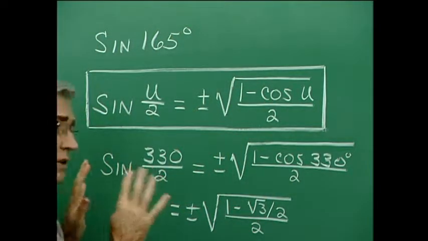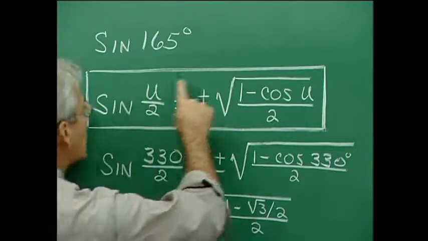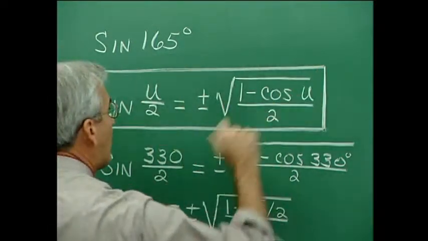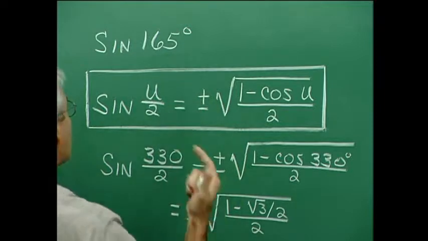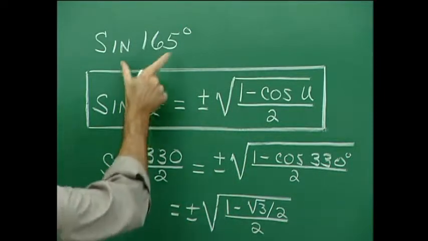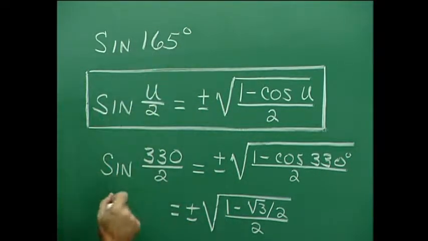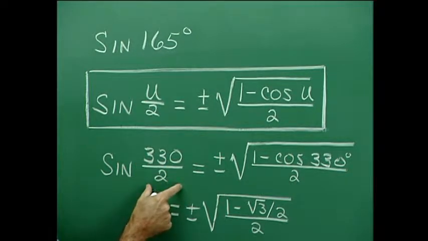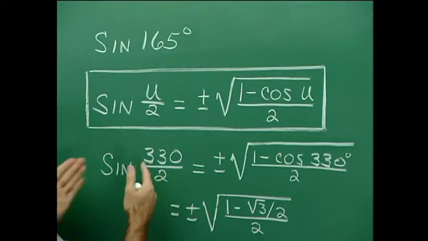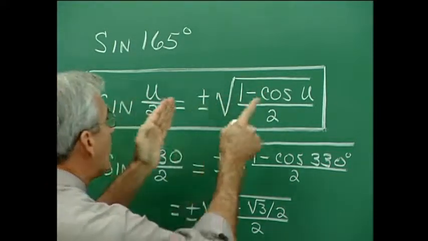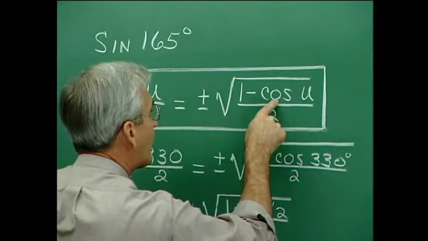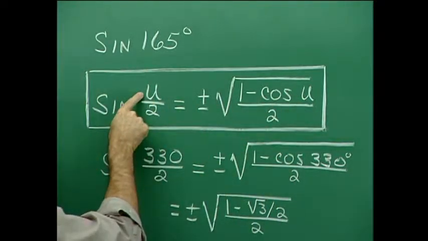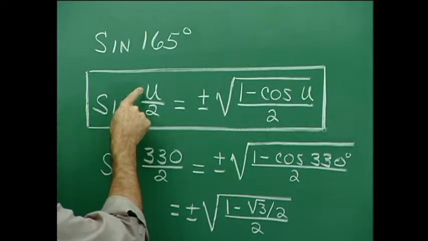And that's what this study is all about. So here's the pattern that we want to match, and we want to match the pattern using this particular problem. So we're writing 165 degrees as 330 degrees over 2. And now we can use this half angle formula for sine. Notice that in the formula, in this expression, we have cosine u, and u is the value in this numerator.